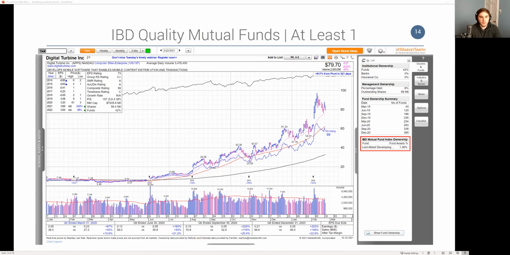It's in context with the run it's already had and also the fundamentals. So if those are continuing to improve, the stock is going to continue to appreciate in price. However, you definitely do want to wait for a good low risk entry point where you can manage your risk. You don't want to chase a stock just because it's a high flying name and it's up a lot on the week, on the year. You have to wait until you can define your risk and manage your entry point.